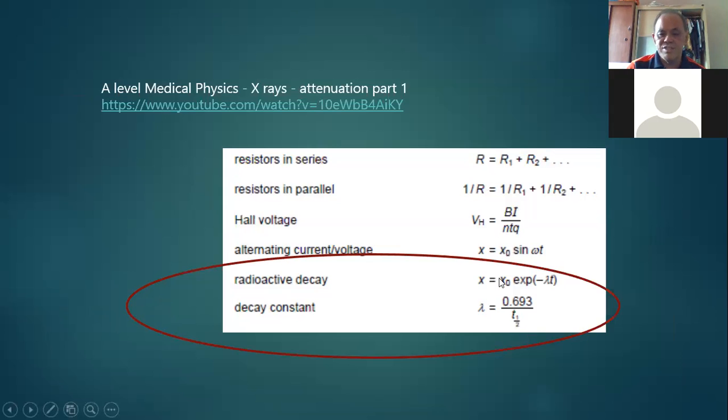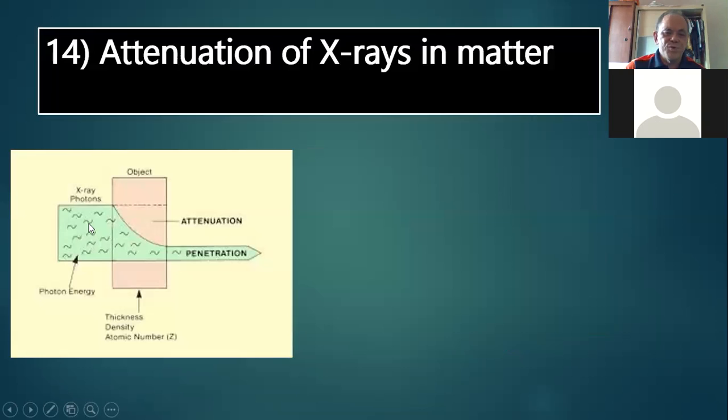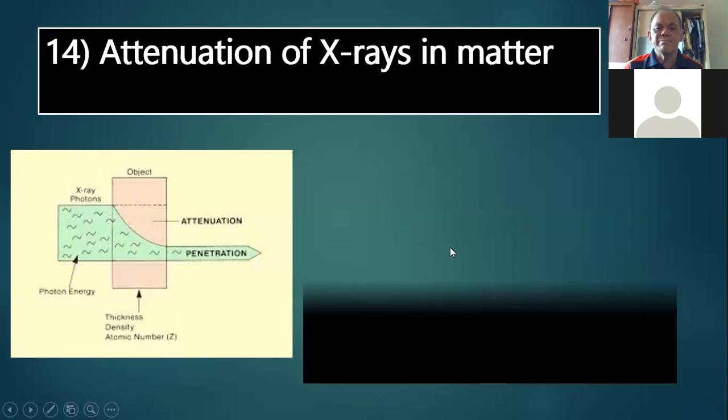Radioactive decay: you can use the same idea as radioactive decay, which you can study in the radioactive decay video. Okay, so roughly this gives a pictorial view. The X-ray going in, attenuation means some of it is absorbed, and the remaining energy is coming out.